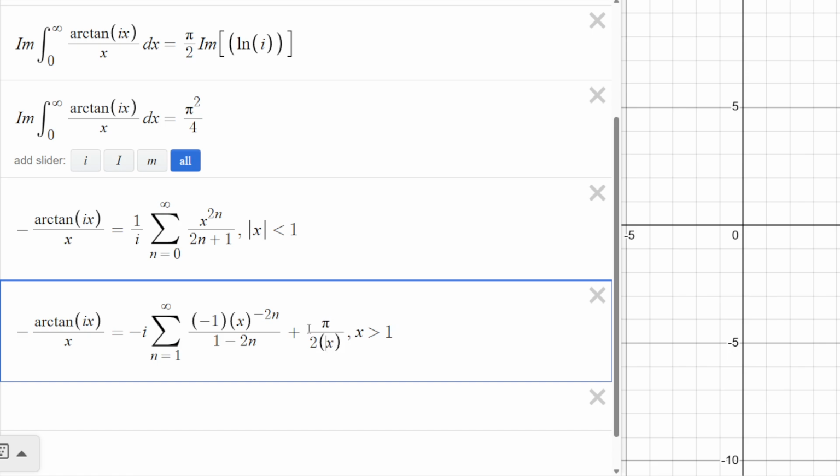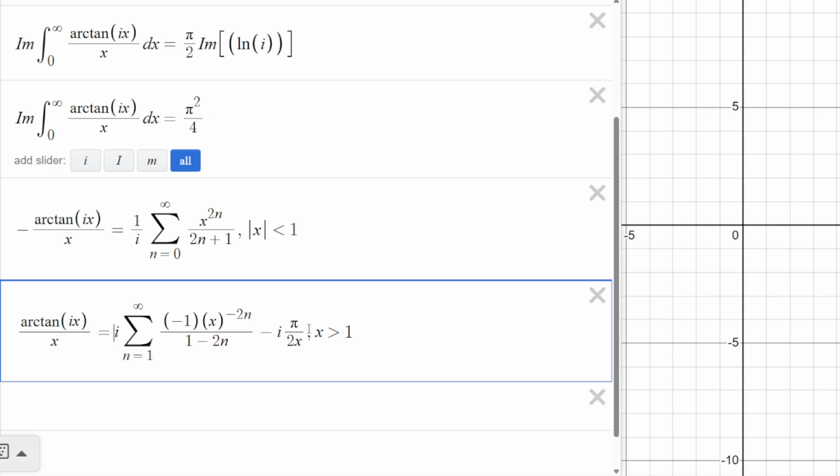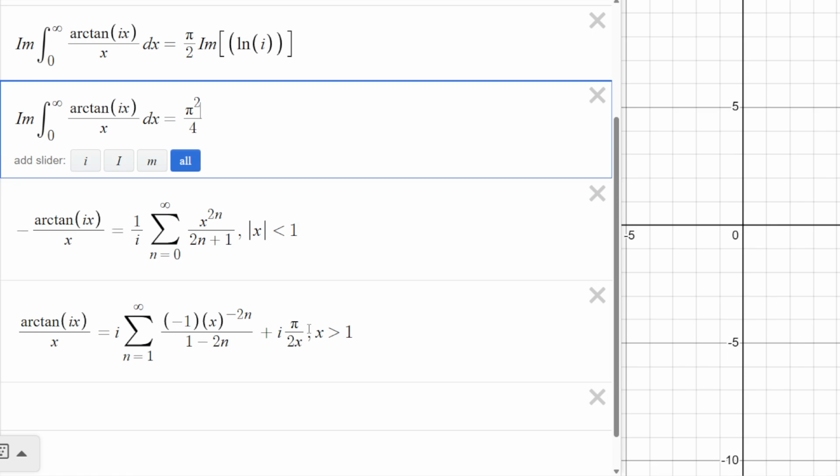Again, this is 1 over i, which is just negative i. Now let's multiply both sides by a negative. All right, great.